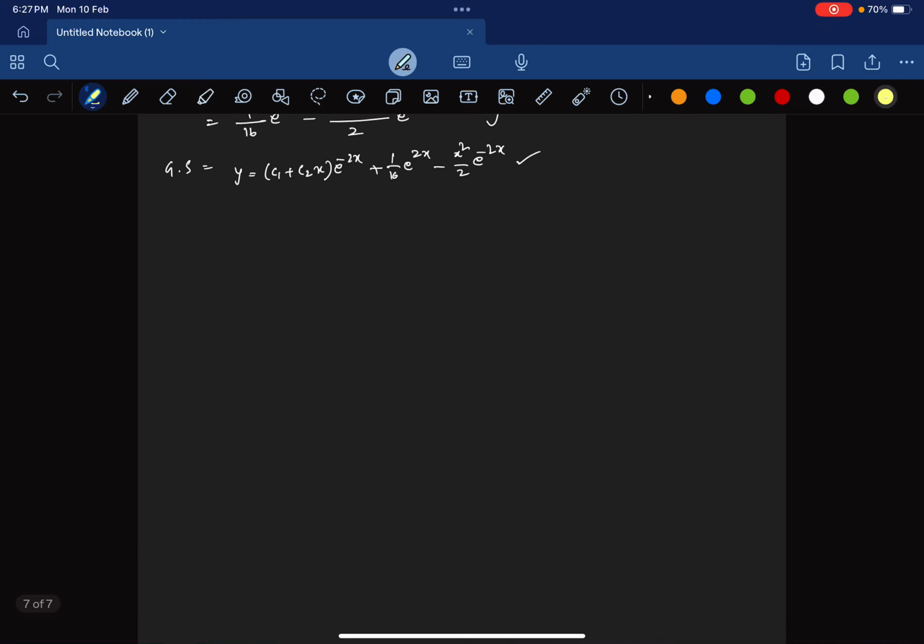Now take the next question. Solve, one of the very simple questions I am giving: suppose y double dash plus y is equal to sin x.